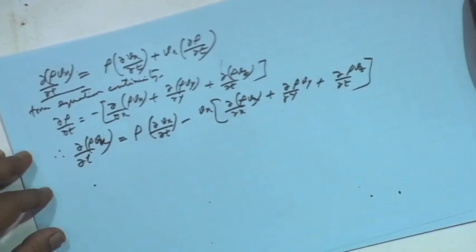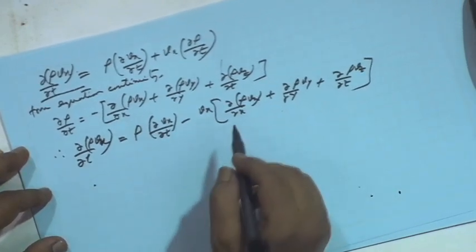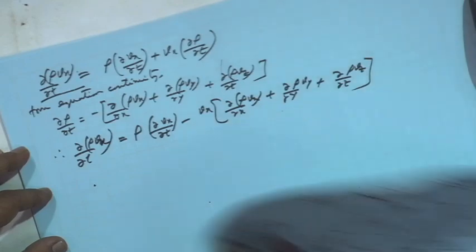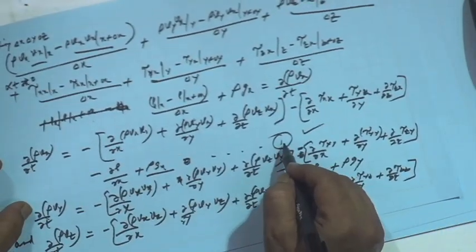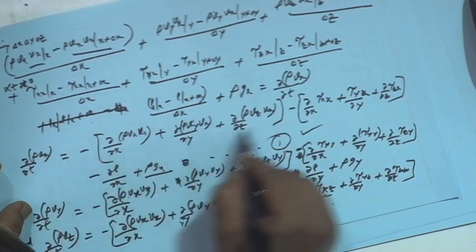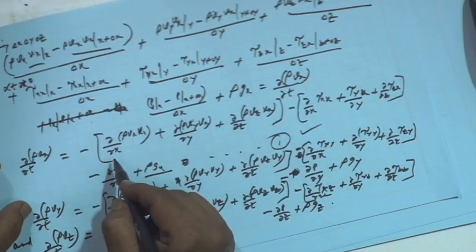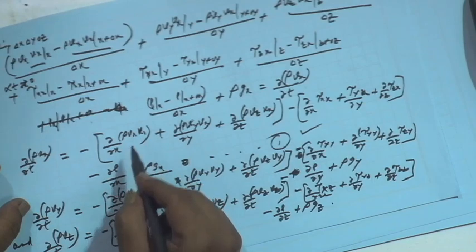So, this we can write, and if we remember the right side of the equation, which was equation 1, the right side was this big minus del x of rho Vx.